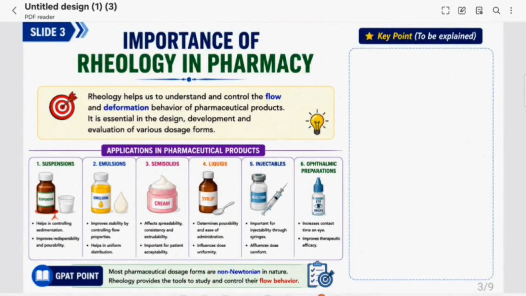Now, what is the pharmaceutical importance of rheology? Rheology helps us to understand and control the flow and deformation behavior of pharmaceutical products.